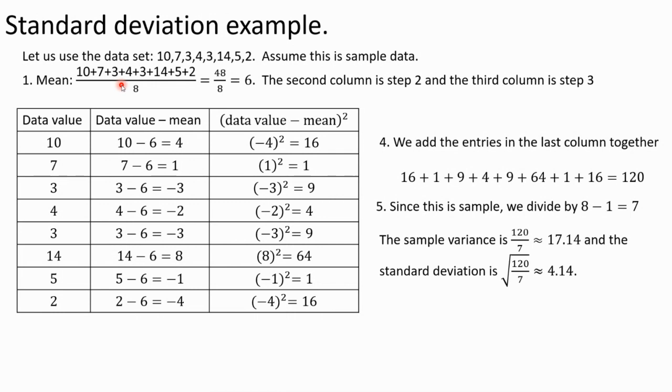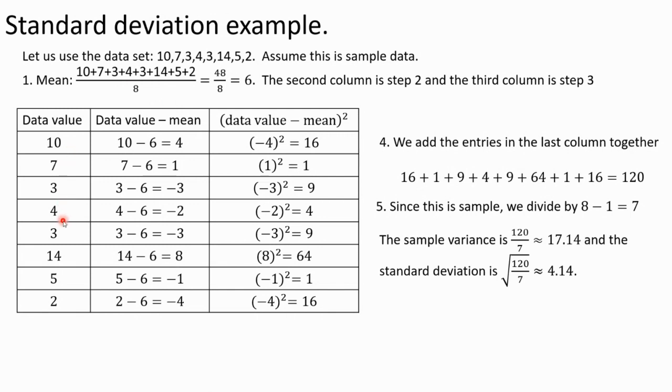So in this case, there's 8. You add them up and divide by 8, you get 6. And then remember, what you do next is I put it in columns. You have to subtract the mean from each data value.